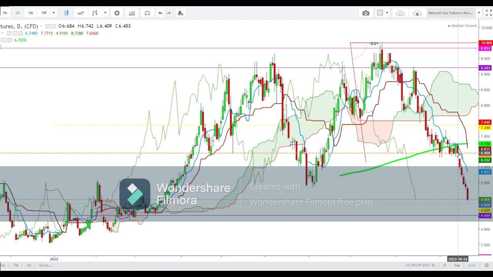On the last to last Friday, the natural gas futures closed the week at 6.464, and the natural gas futures started last week with a gap down opening well below this level and continued to slide during the whole week and finally tested a low at 4.903 before closing the day at 4.959.